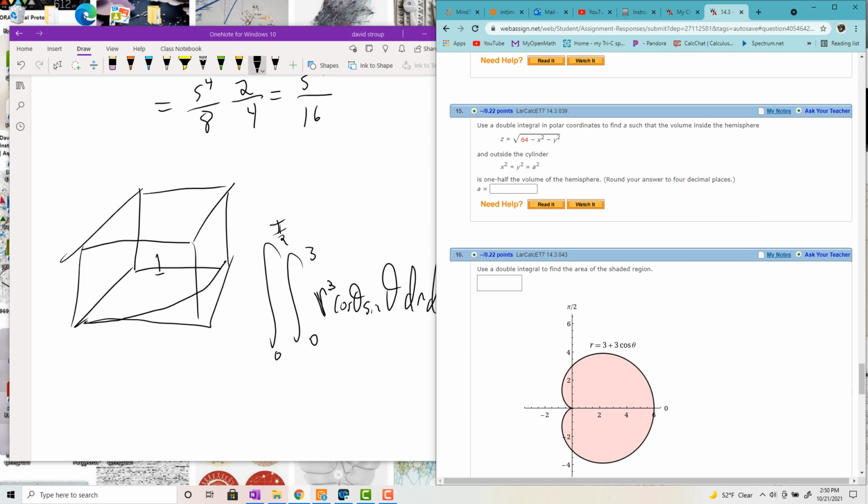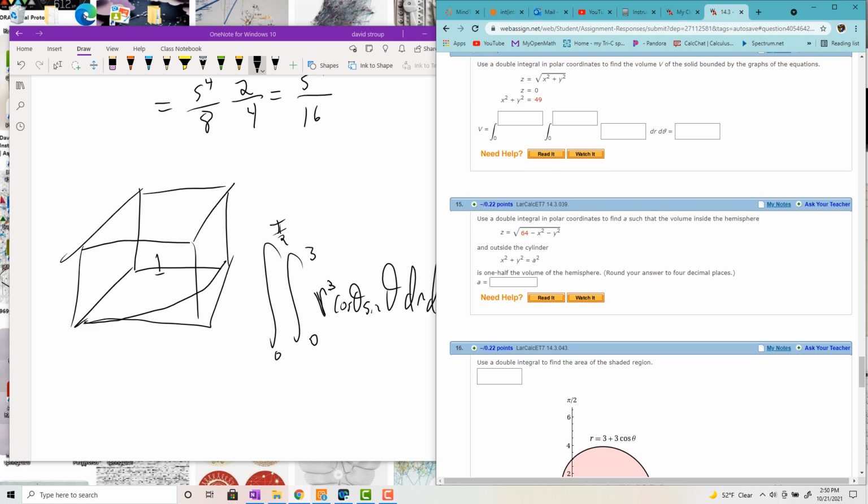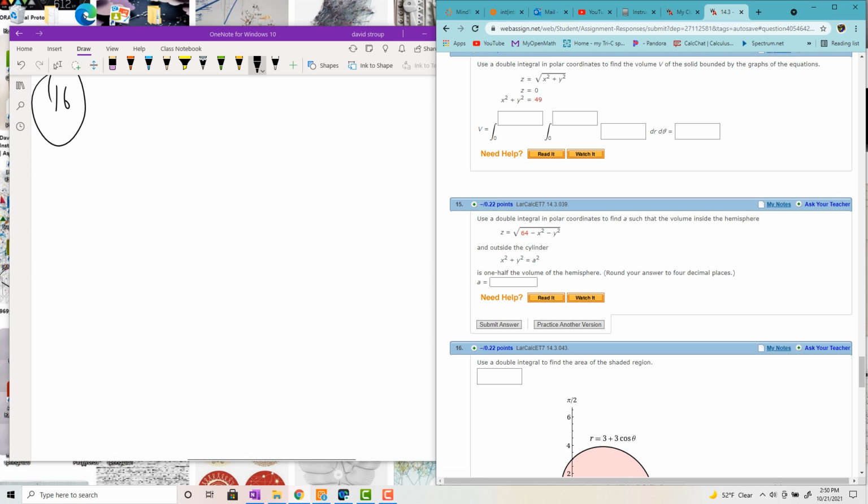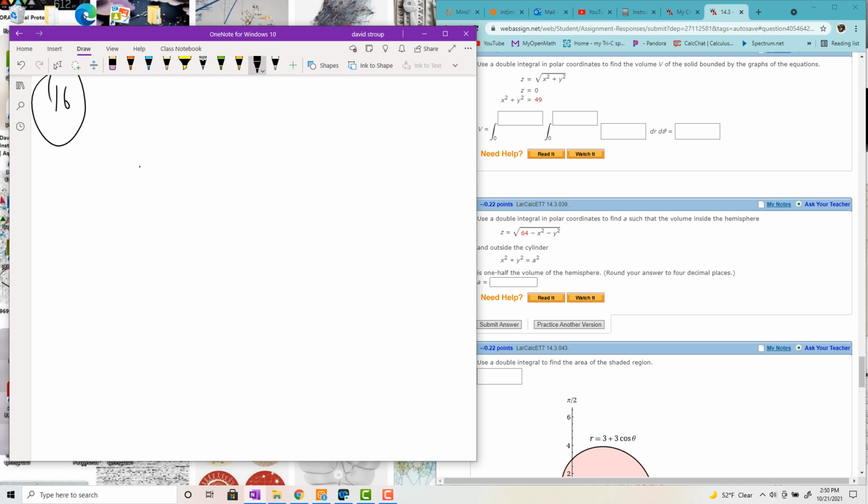Let's look at one of these other ones. Oh, okay, so number 15, we kind of have an intersection of regions. Use double integral to find the volume inside the hemisphere given by that thing, and outside the cylinder given by this other thing. So the hemisphere is the upper half kind of circle here, and then you'll have whatever this thing is, the upper hemisphere.